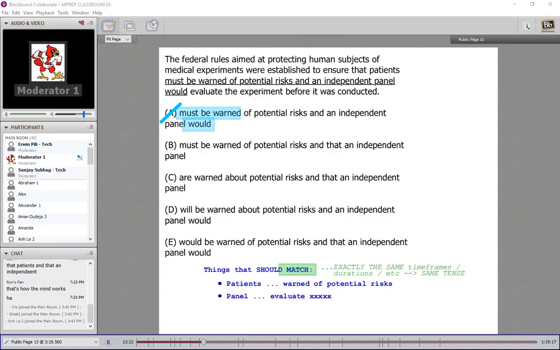B's got that patients must be warned and that an independent panel evaluate. It might be worth writing those out to see what you're dealing with here. You have that patients must be warned, and that a panel evaluate.